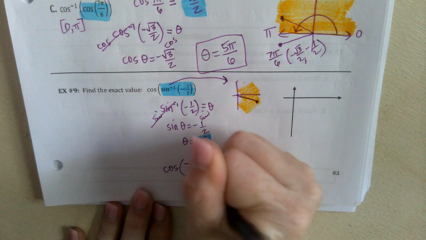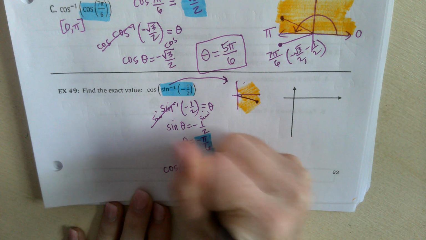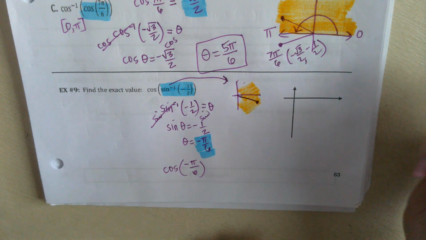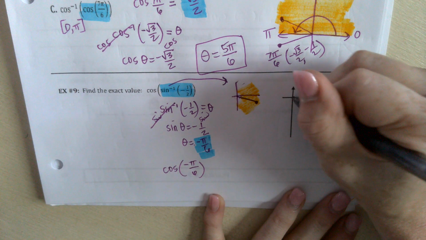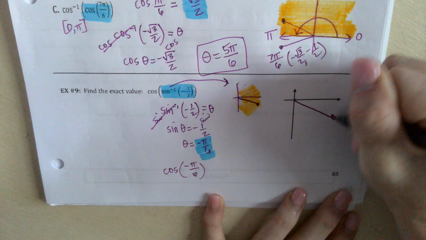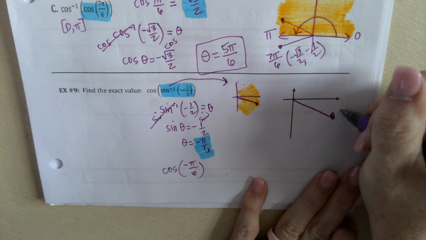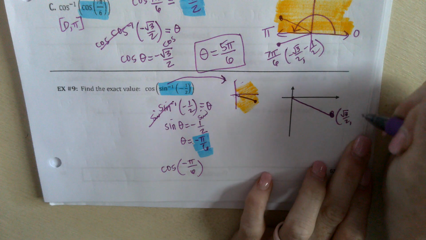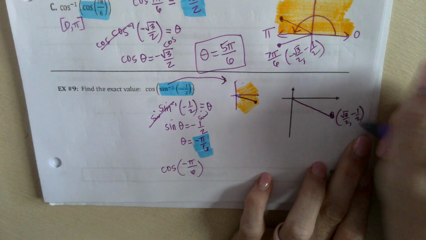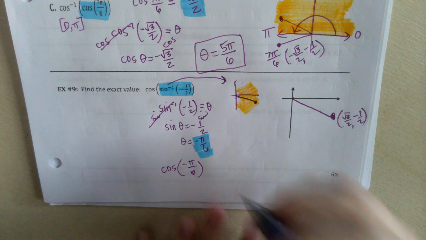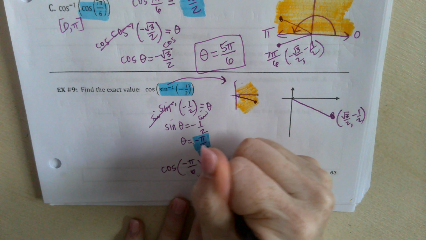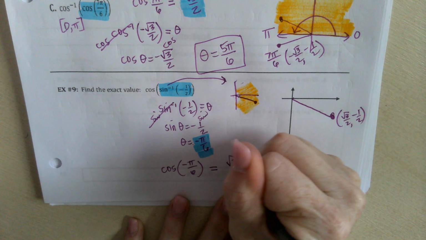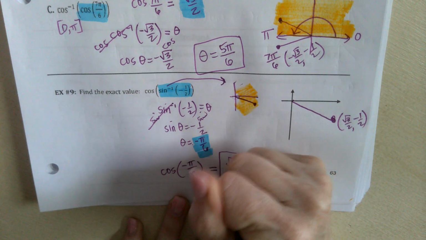Okay? So this is what I'm going to substitute back into my original function. And I'm going to evaluate the cosine of negative pi over 6. Well, negative pi over 6 is the first one down here, and that has the ordered pair, square root 3 over 2, negative 1/2. So right here, this comes out to equal positive root 3 over 2.